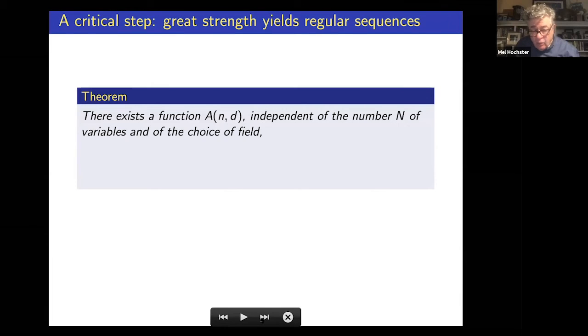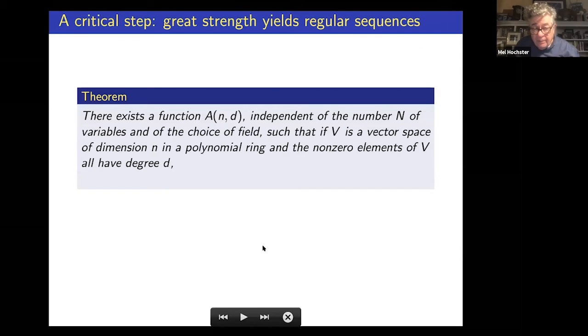And what this function does is if you have a vector space of dimension n in a polynomial ring, and the non-zero elements are degree d, so you've got something like n polynomials of degree d, and you're looking at all linear combinations of them.